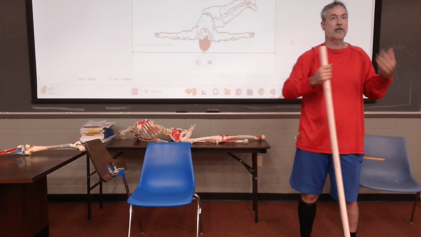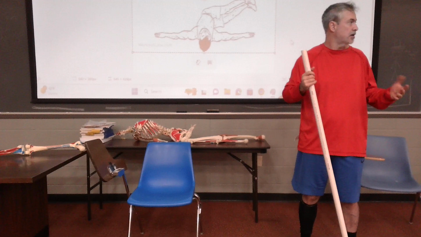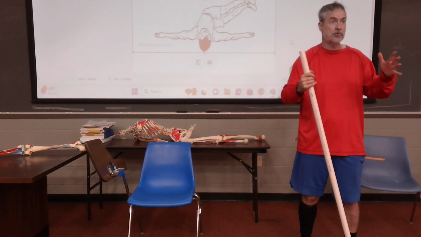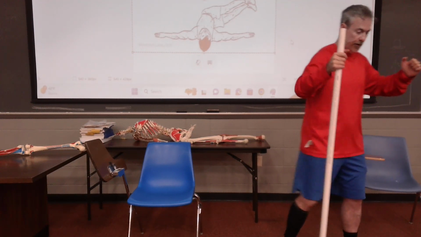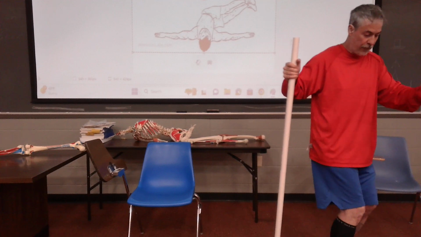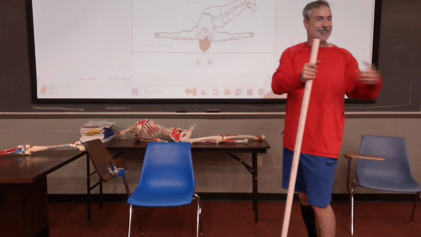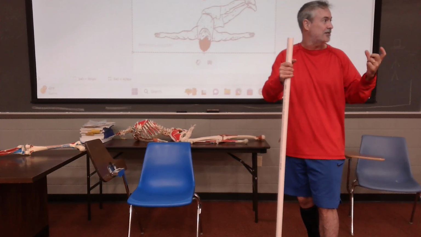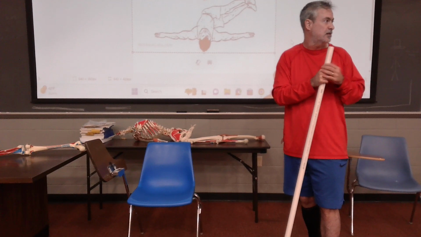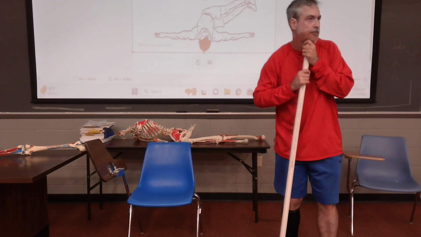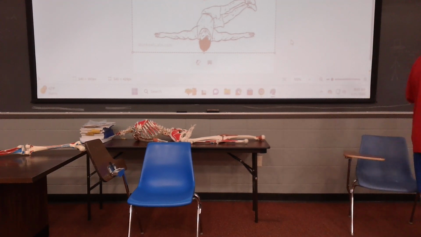Does that make sense? So that's why you may, again, use different exercises, machines or something where you could use the same agonist for an entire range of motion, because the machine is trying to do the same thing to you through that entire range of motion. It's just a limitation of gravity. We love gravity, but you're limited.